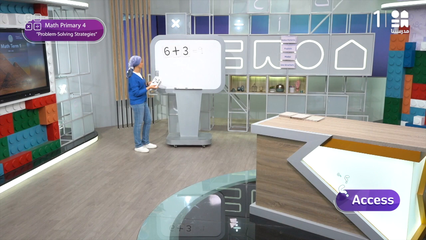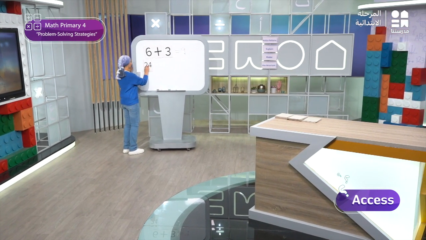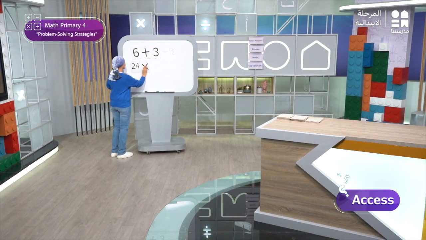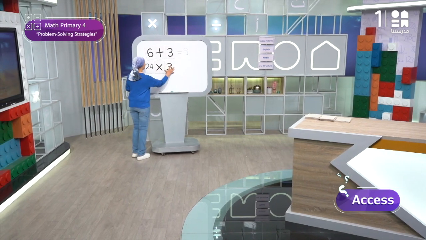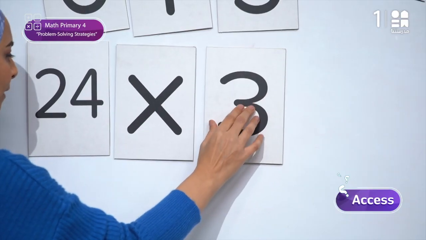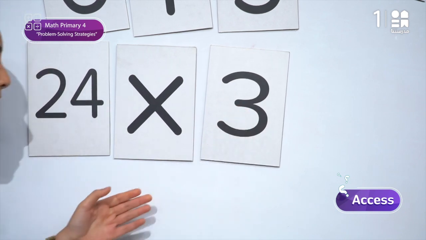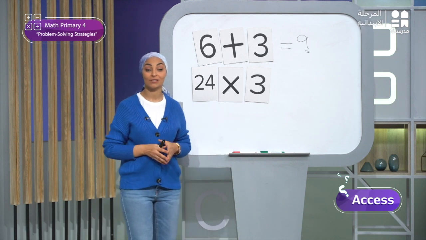Let's write the equation. I will put 24 here, beside it, my symbol, which is the multiplication, and then the second number, which is 3. As you know, here I will choose my strategy, so I will solve it using the standard algorithm.